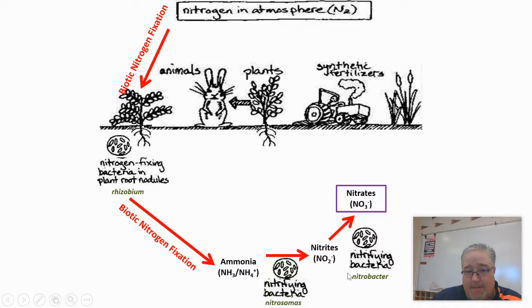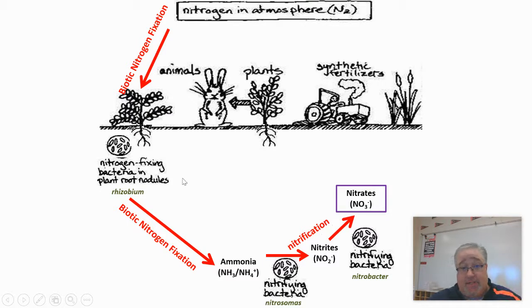But all you can see that they're doing is taking this ammonia a step further. They're breaking it down into something called nitrites, which is NO2 minus. It's an ion. And then those nitrites are being converted into something called nitrates, which is NO3 minus, which is another ion. This process is called nitrification.